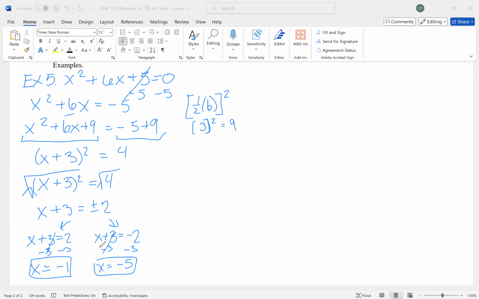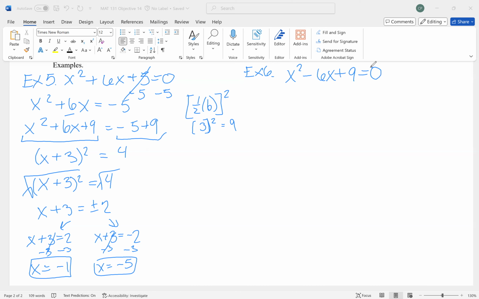Let's look at another problem. Example 6. This one is going to be interesting. We've got x squared minus 6x plus 9 equals 0.